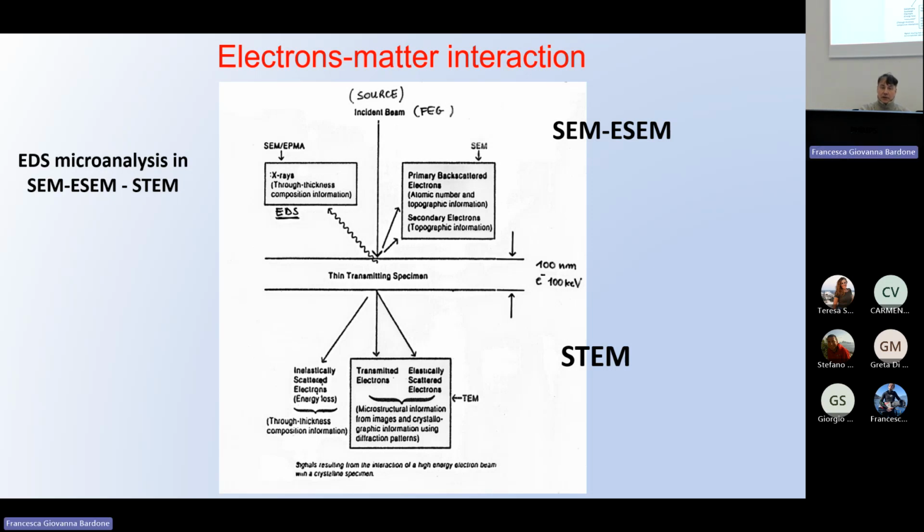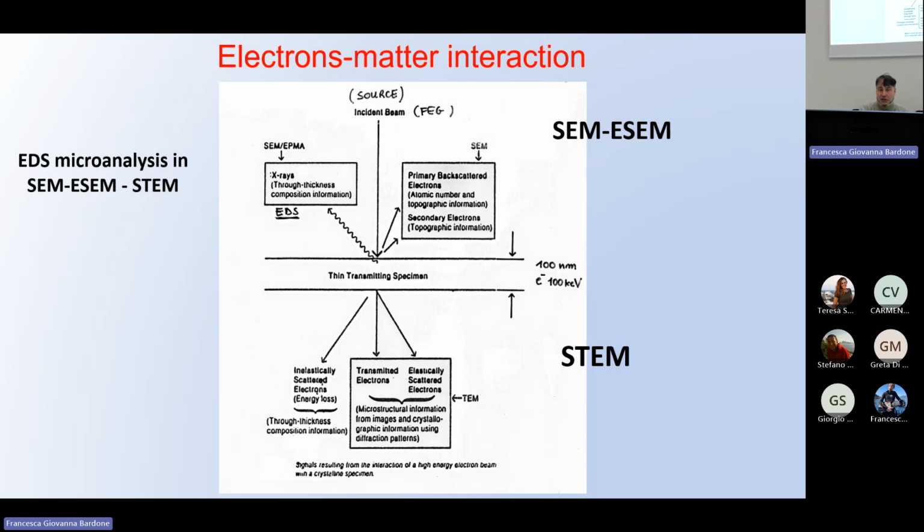So if an electron which comes from the source passes through, while it's passing through it ionizes an atom. It hits an atom, extracts an electron, ionizes the atom, and the primary electron loses energy, so it no longer has the energy it had before.